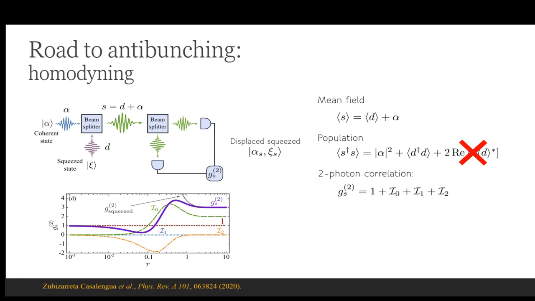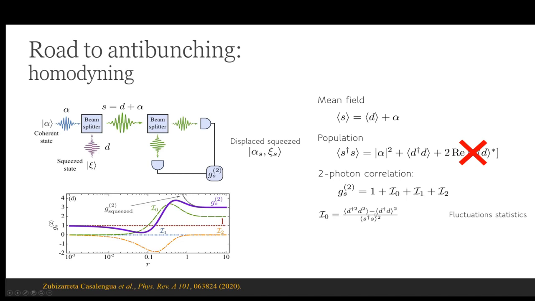What happens if we decompose the 2-photon correlation is that we find 4 terms. The first term comes from the coherent state, which always has a G2 equal to 1, and then we find three other contributions that we can separate like that. We have I0, which is related to the fluctuation statistics of the other source that is not the coherent state.